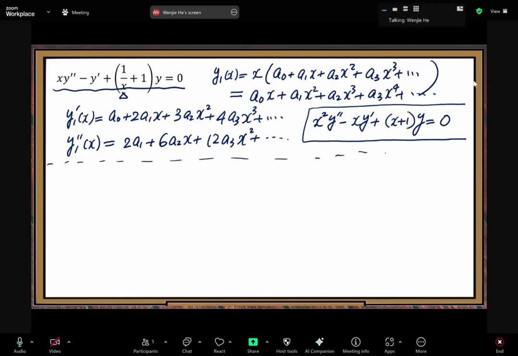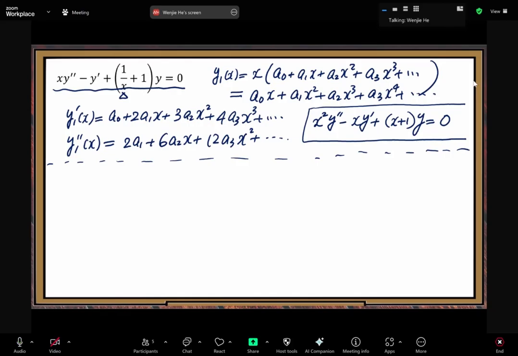Then we calculate term by term. Be patient. We need to make sure, when you work on this question, that we are very patient.